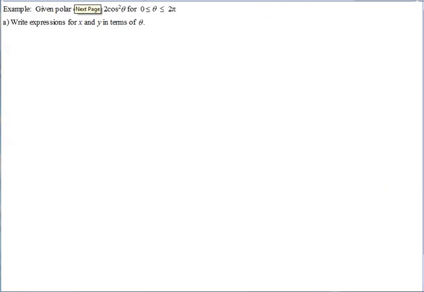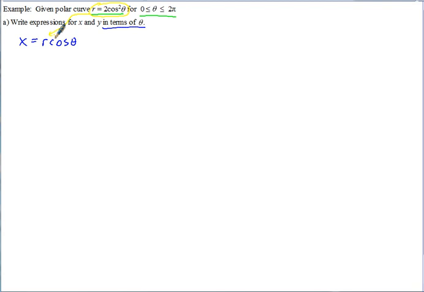All right. Let's take a look at one more of these. This one we've got r equals 2 cosine of theta squared. So, again, this one's from 0 to 2 pi, so we want expressions for x and y in terms of theta. So again, let's start with x equals r cosine theta. And again, we want it in terms of theta, so to get the r out of there, we can substitute this in there.